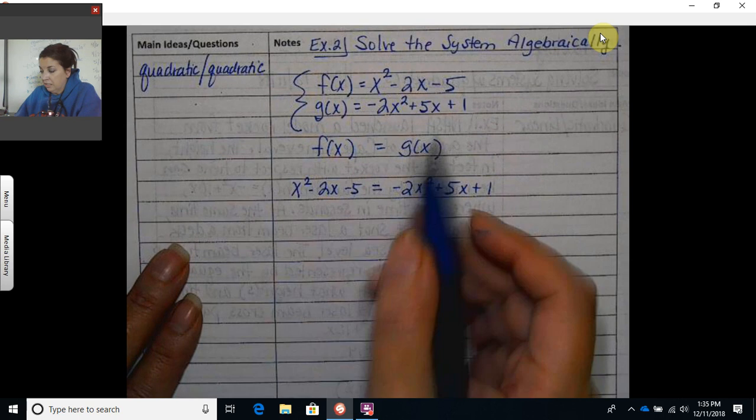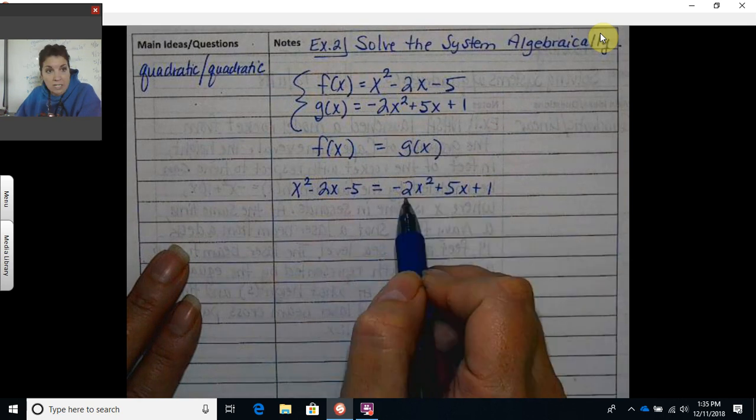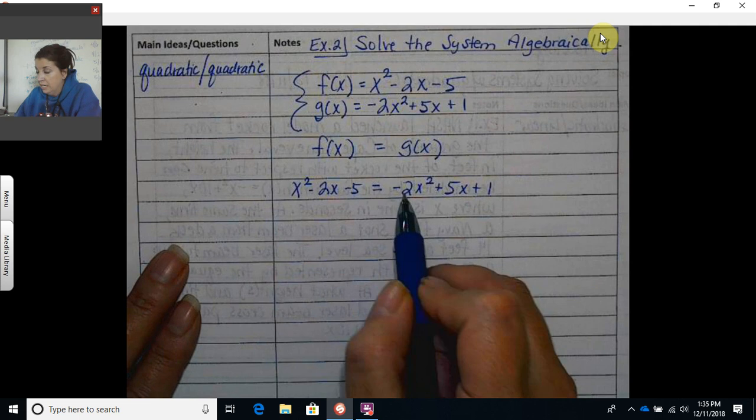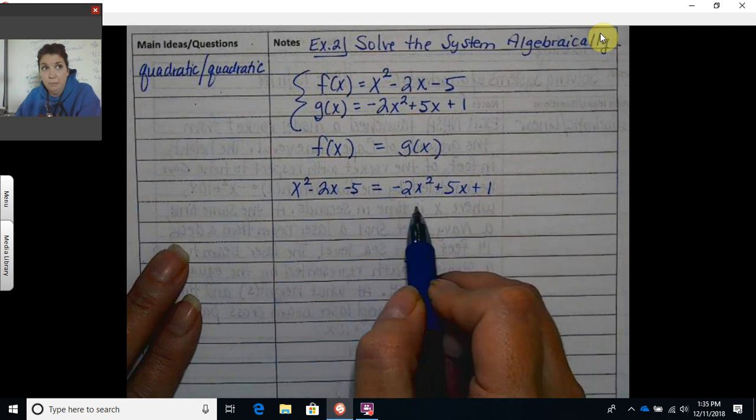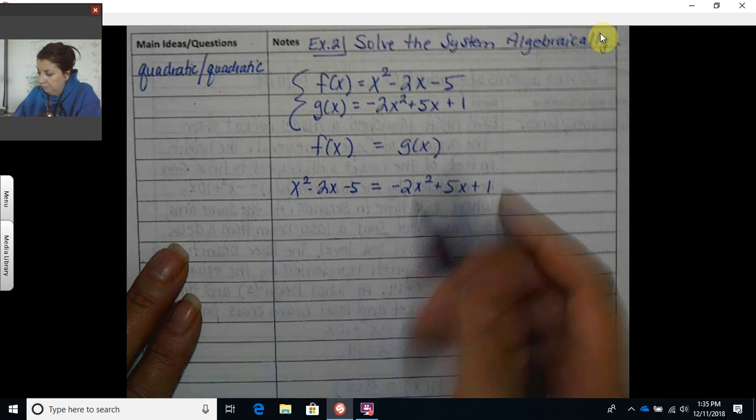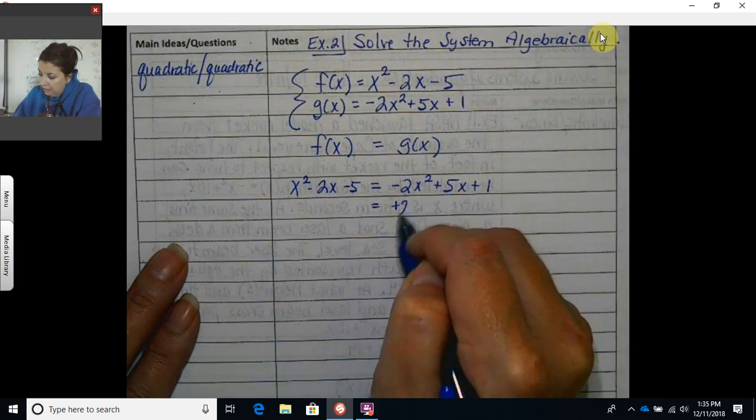Since I want my highest degree, I want that leading coefficient to be positive, I'm going to move everything over to the left, because right now that's negative, and if I subtract that, it's still going to be negative. So I'm going to move it all to the left, and I'm going to do it all in one step. Okay? And I'm going to line my like terms up.